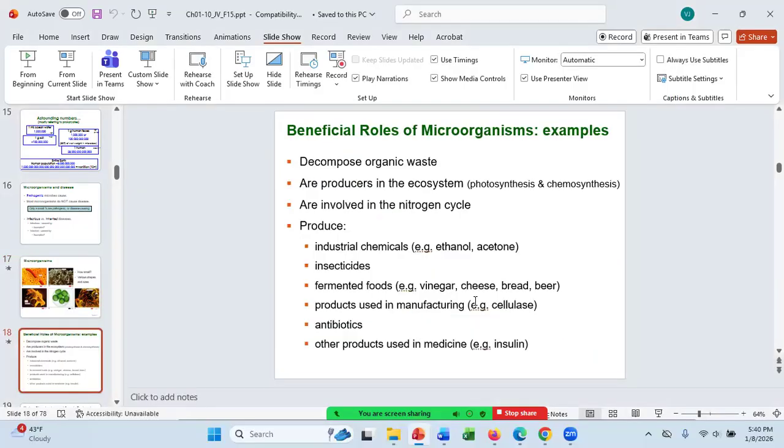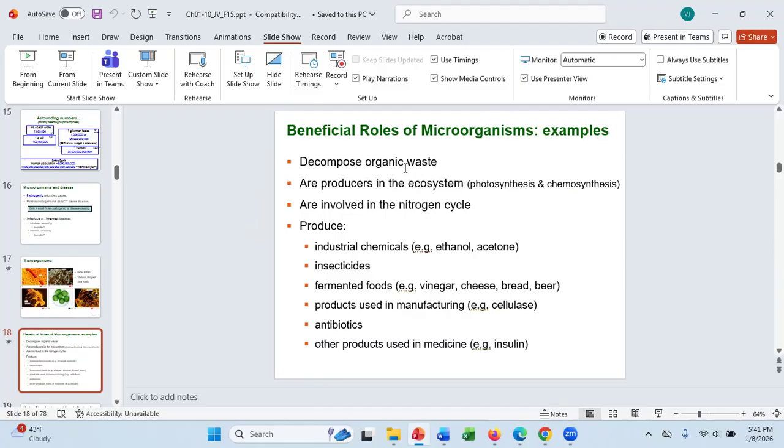All right, let's talk about some of the beneficial roles that microorganisms play. We already mentioned that they're important in decomposing organic waste. This is especially true in the forest. When a tree dies and falls down in the forest, it's mostly the microorganisms that decompose the tree, making the nutrients inside the tree available to other organisms, including other trees, but other microbes and that.